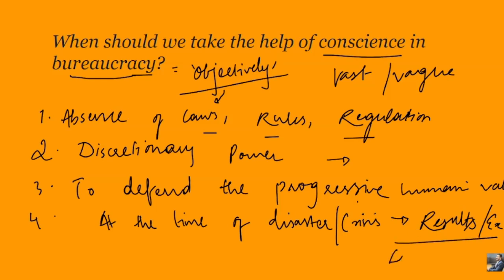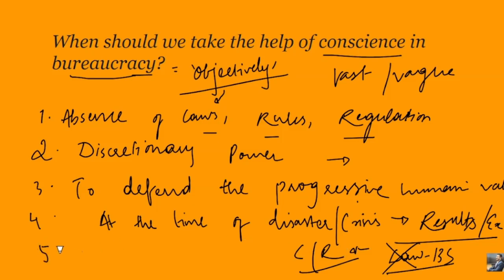Here the laws, rules, regulations and etc. take a backseat, right? And once these objective laws, rules, regulations are eliminated, one has to take the help of conscience or reason, right? And here the help of conscience becomes very important in bureaucracy during the time of disaster or crisis, right? So this was the fourth situation.